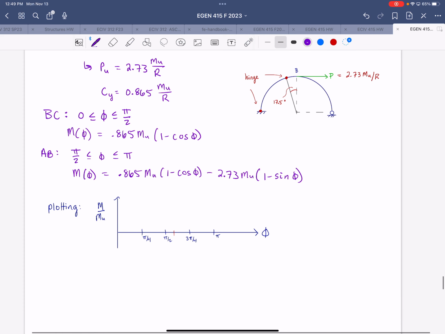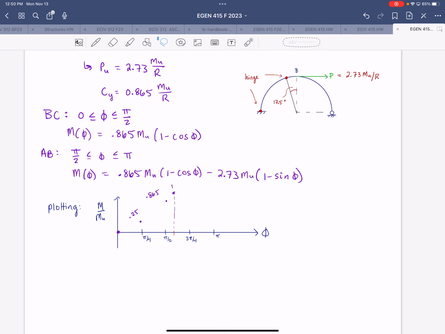So if we go ahead and plot some points, we have 0 at C, which is the roller support. Right, at pi over 4, we would get a value of 0.25. At pi over 2, we would get a value of 0.865. And then somewhere between pi over 2 and 3 pi over 4, we would get a value of 1. I'm not quite getting the right shape here.